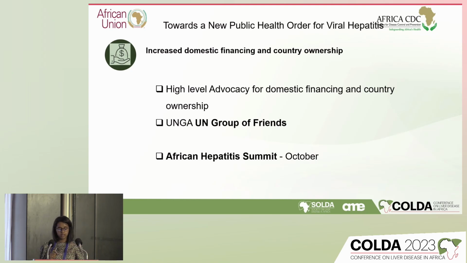The fourth pillar is increased domestic financing in health. This is through high-level advocacy. When it comes to high-level advocacy for domestic financing, Africa CDC has a comparative advantage in that it has a mandate to convene experts, ministers of health, even heads of state, and we're able to use this advantage to bring together the decision makers of a country and partners and advocate for domestic financing and other aspects.